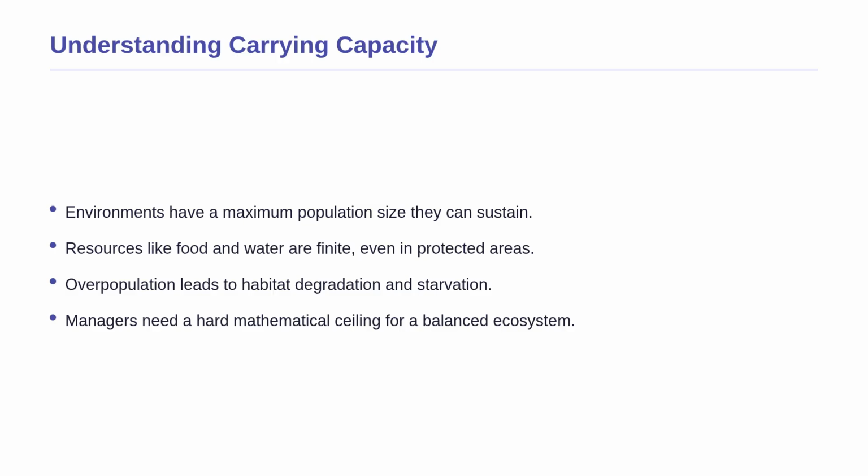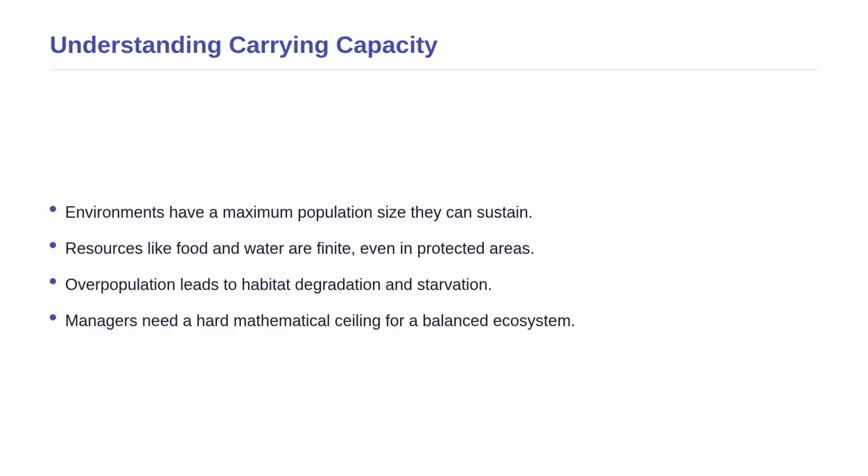Now that we have calculated how many different species a park can hold, we must ask how many individuals of a single species can live there. This introduces the concept of carrying capacity. Carrying capacity is the maximum population size that a specific environment can sustain indefinitely without breaking down.